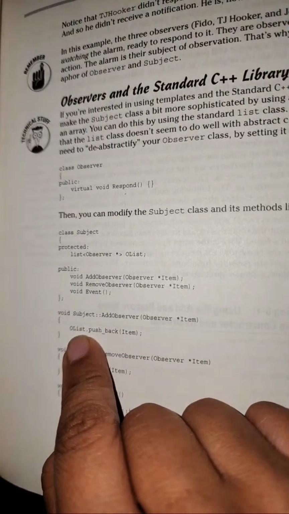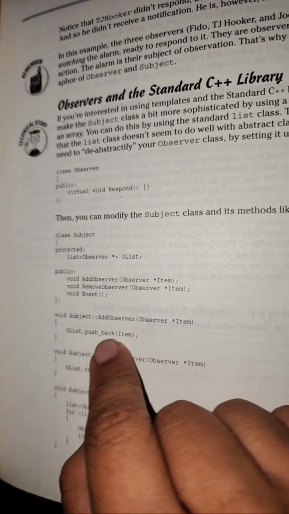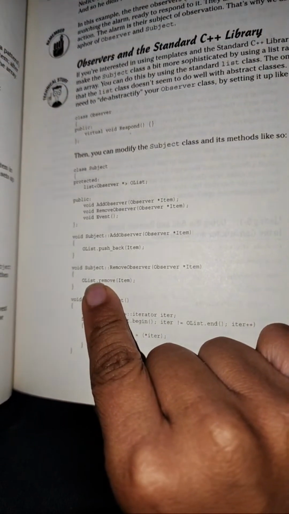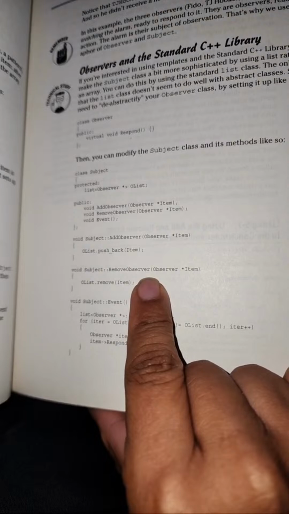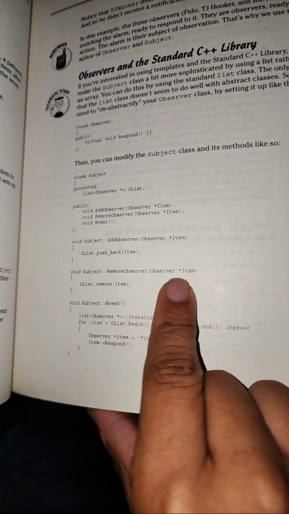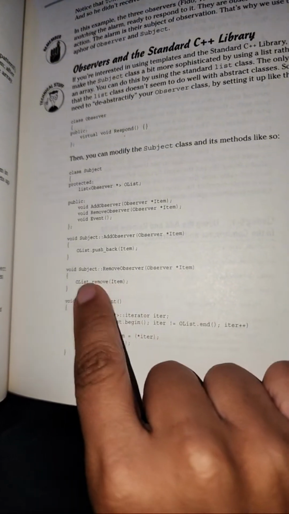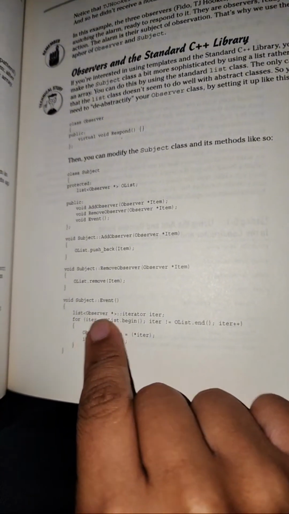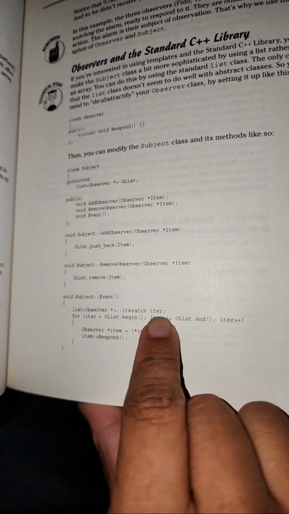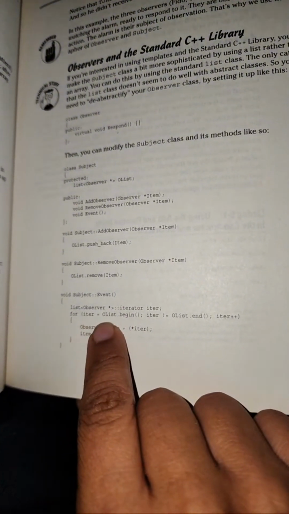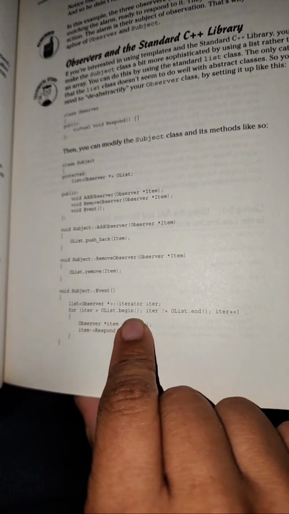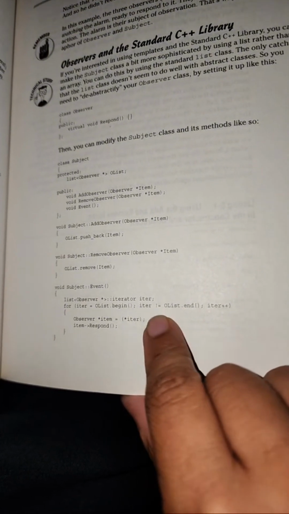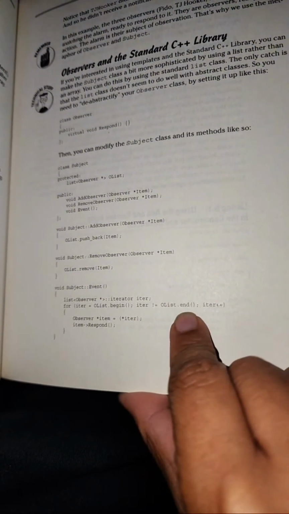Void Subject AddObserver, Observer star item, O list dot push_back item. Void Subject RemoveObserver, Observer star item, O list dot remove item. Void Subject Event, list Observer star iter, for iter equals O list dot begin, iter not equal to, for as long as iter is not equal to O list dot end.